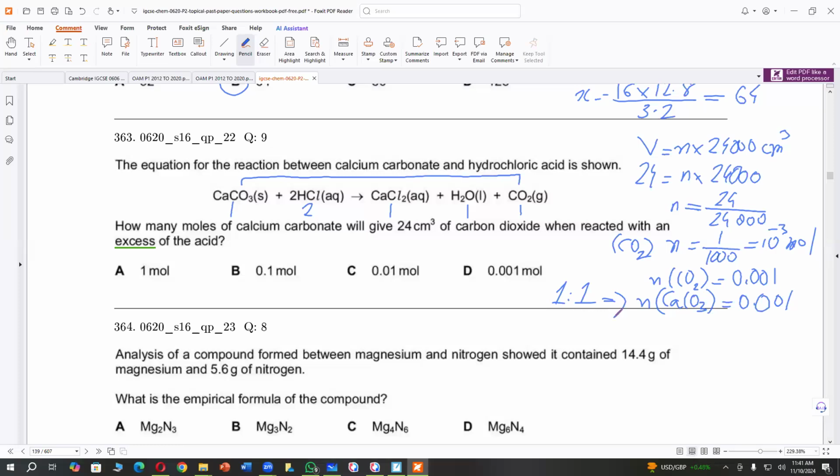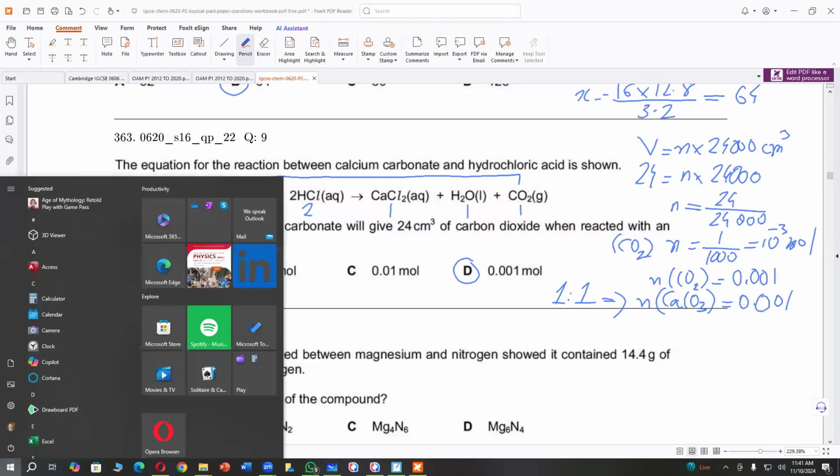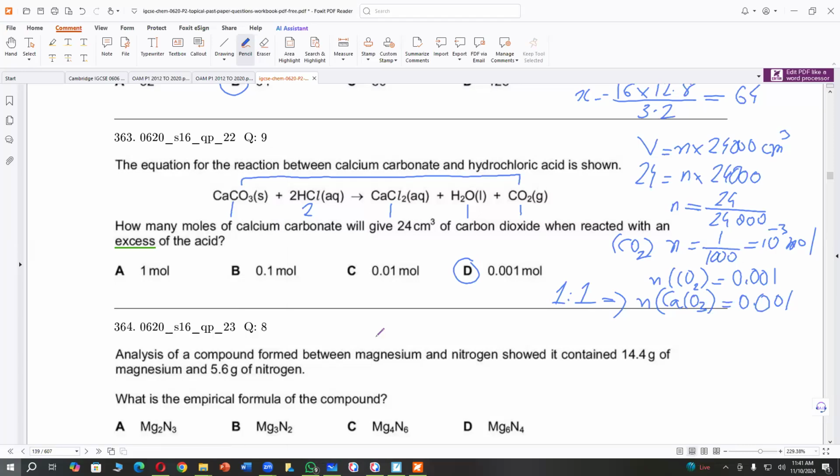Look at the ratio. Ratio is 1:1. Now, how do I know the ratio is 1:1?